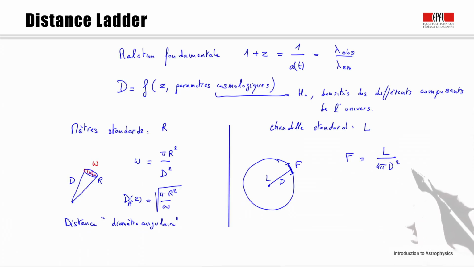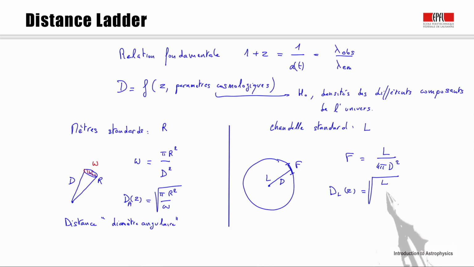This allows us to define a second distance. If we measure the flux of an object, we know its intrinsic luminosity. We deduce from it the distance we call the luminosity distance, which depends on z, the redshift, measured by the Doppler effect. So we will have d equal to the square root of L over 4 pi times the measured flux.